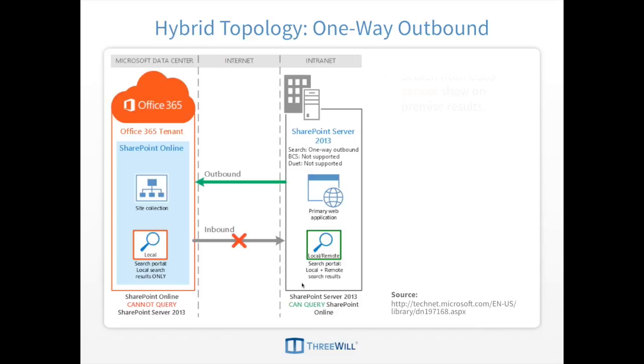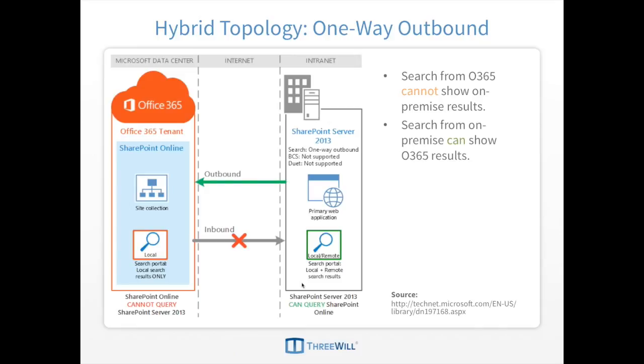Now, the very simple version of that is that you're going to get search, but you're only going to get integrated search in one place. So notice, because we don't have any connectivity from the cloud to the on-premise, we can't show on-premise results in Office 365.